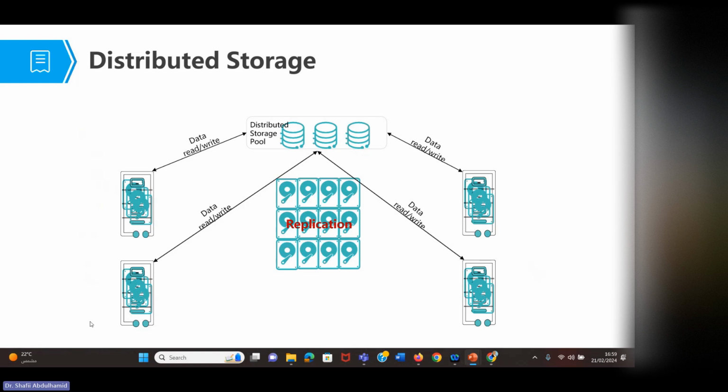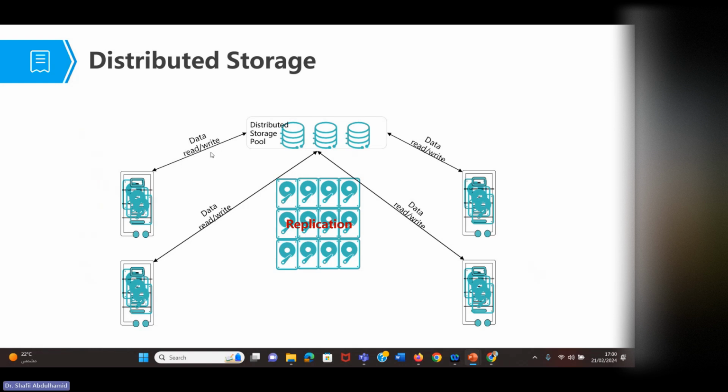So we have different servers. The servers can read and write on the cloud. That means they can send information to a distributed network and to a distributed storage. And of course, they can delete this information if they don't want it. That's the read and write basically.